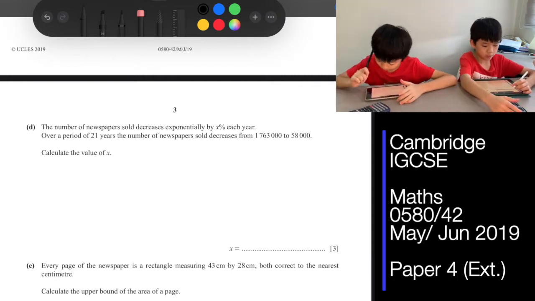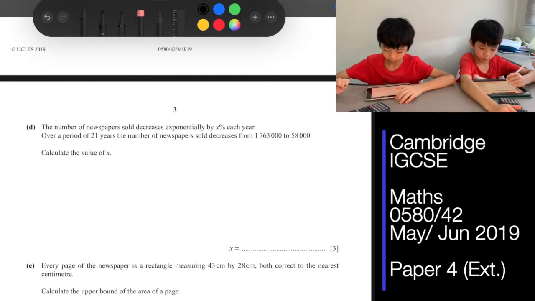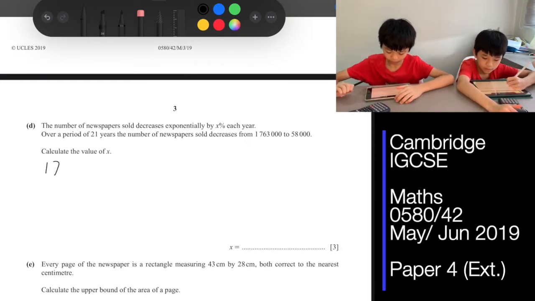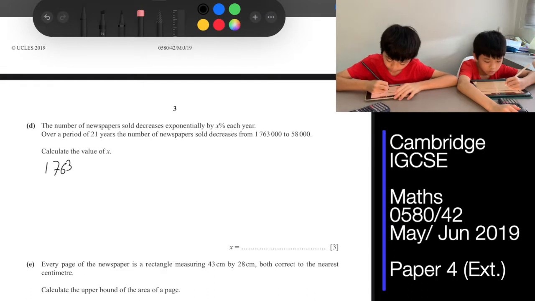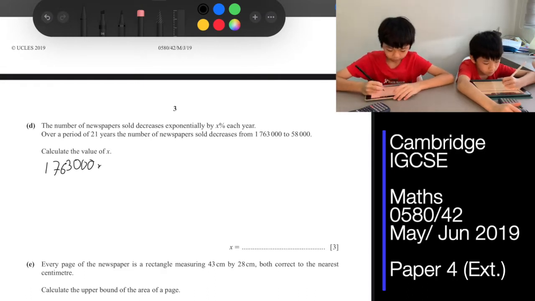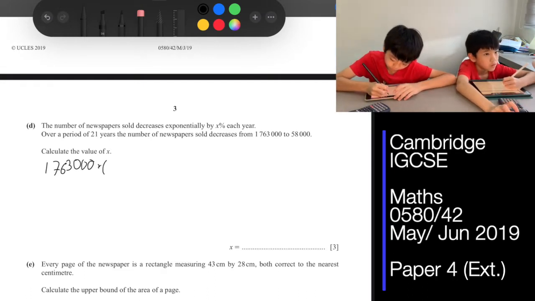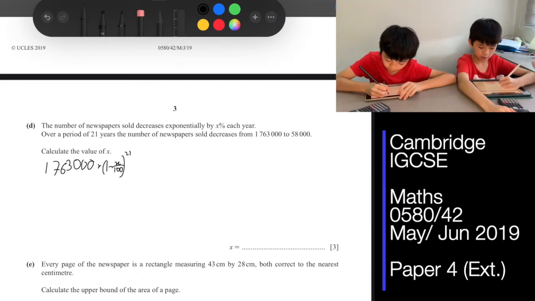We need to calculate the value of X. So first we take 1763000 times 1 minus X over 100 to the power of 21 equals 58,000.